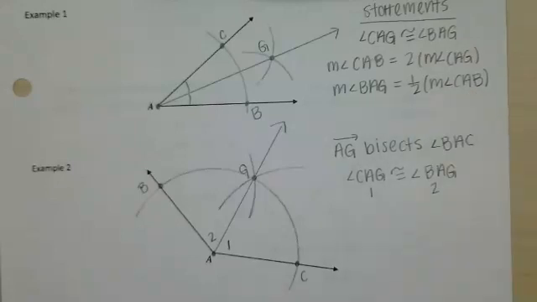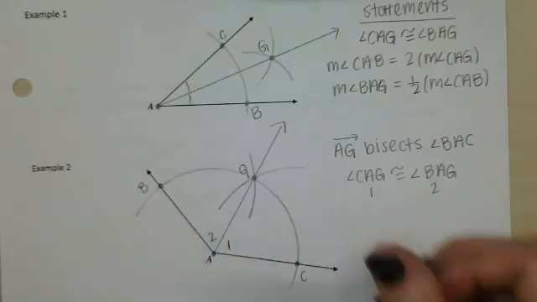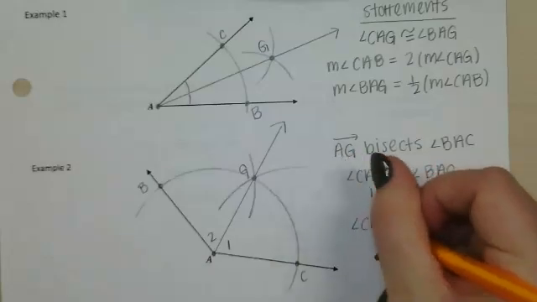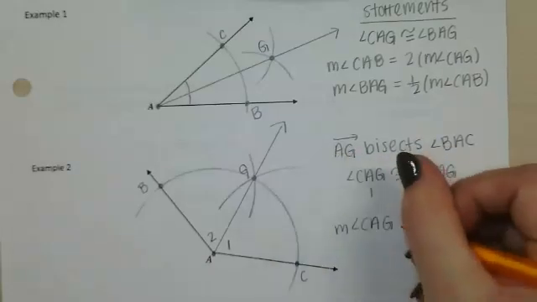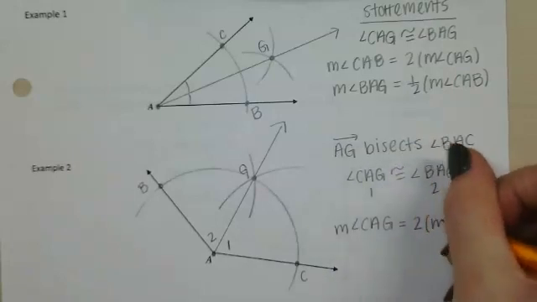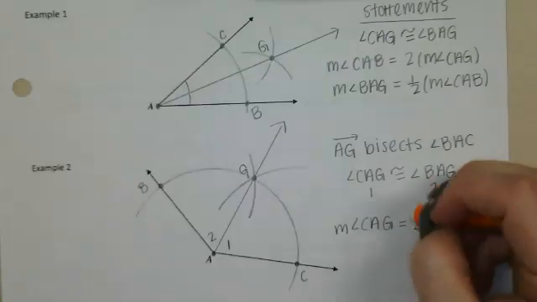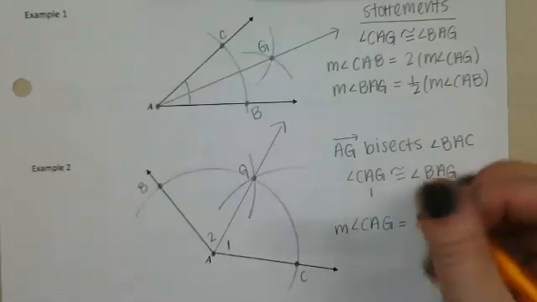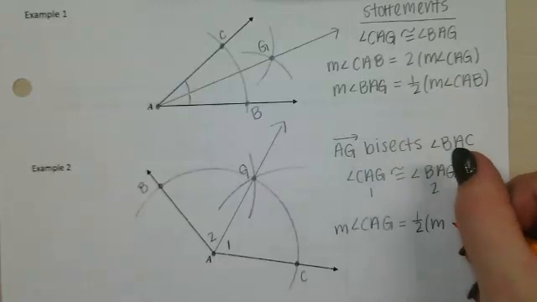And then the same information that was said on the top. One of those two angles, doesn't matter which one you want to refer to, maybe angle 1, CAG, would be equal to 1/2 of the whole one, 1/2 angle BAC.